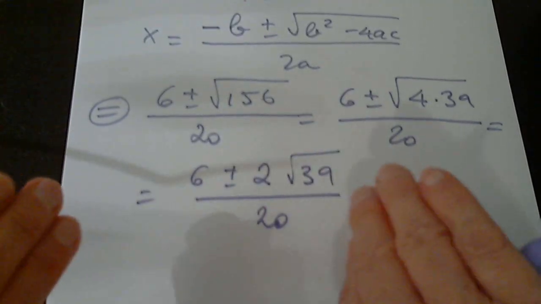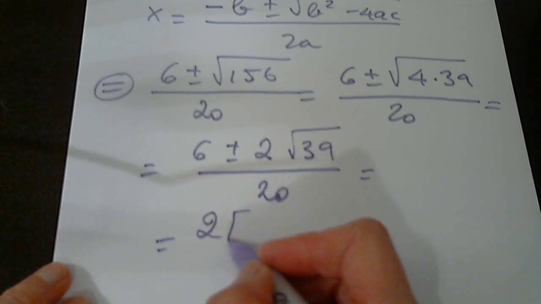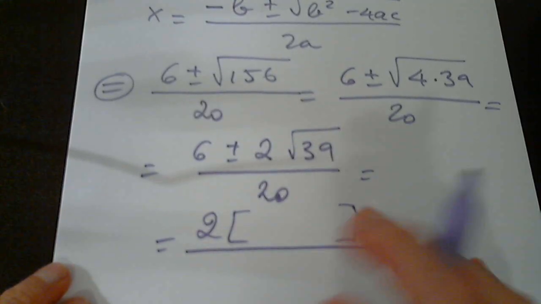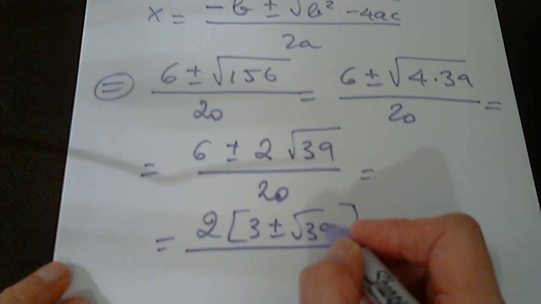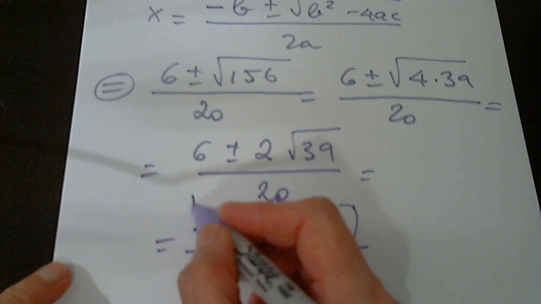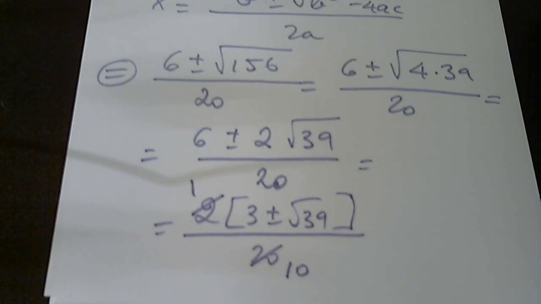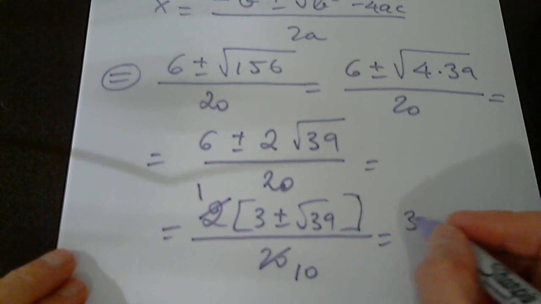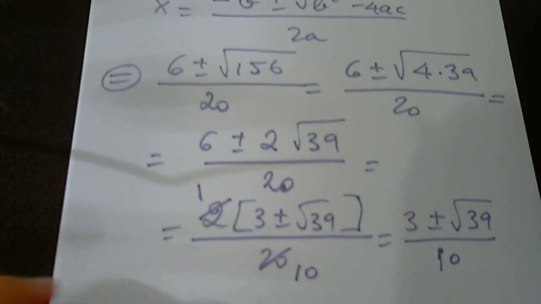You can separate into two fractions if you want to, or you factor out a 2. You don't need brackets, but I just want to make a point: 2 times 3 plus or minus the square root of 39 over 20. And now, because you are simplifying factors, you are allowed to do this. So the simplified form will be 3 plus or minus the square root of 39 divided by 10.